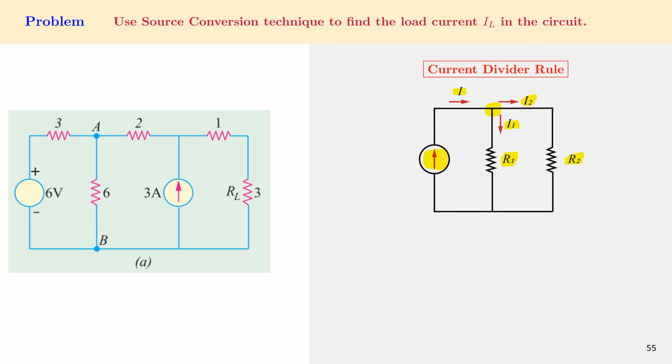In that case, according to current divider rule, the current that is going to flow through resistor R1 will be equal to total current multiplied by resistance in the other branch. So that is R2 divided by the total resistance in the circuit, that is R1 plus R2.